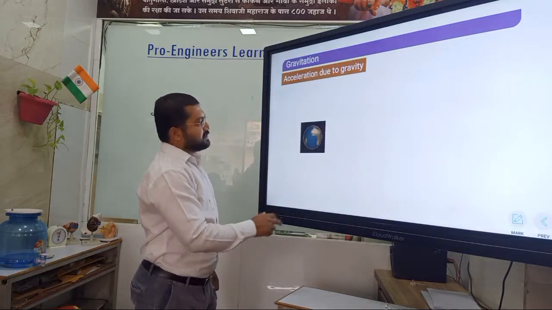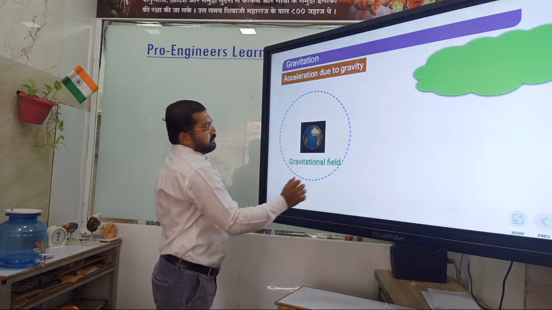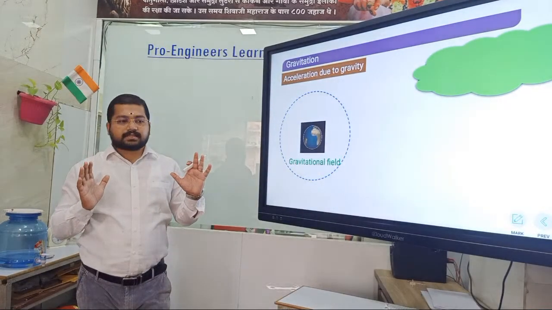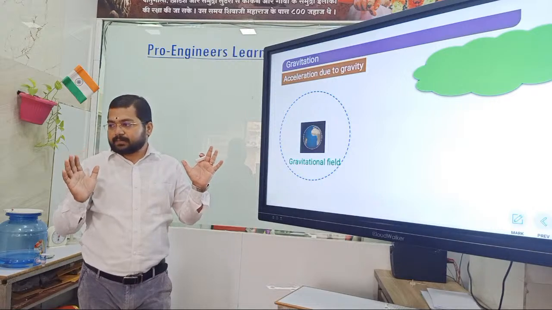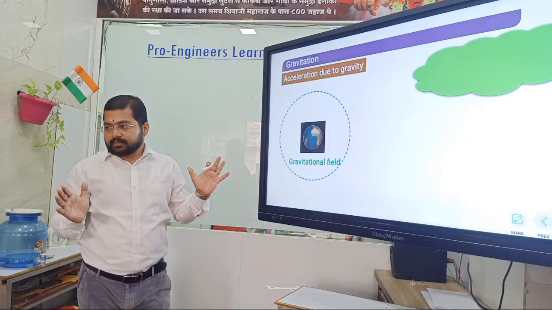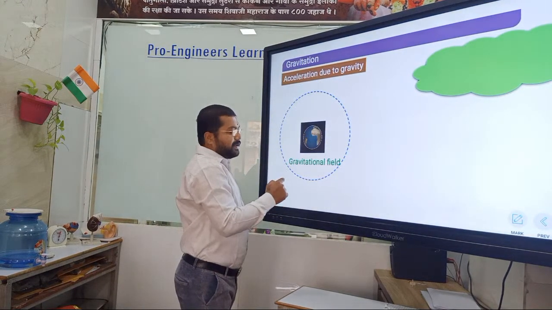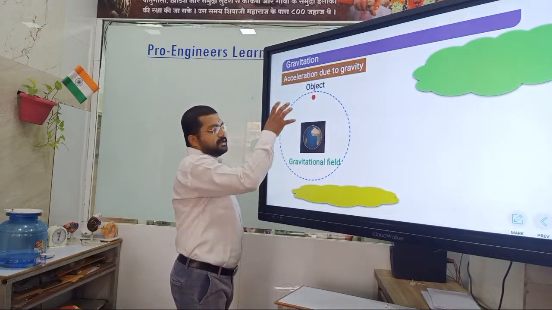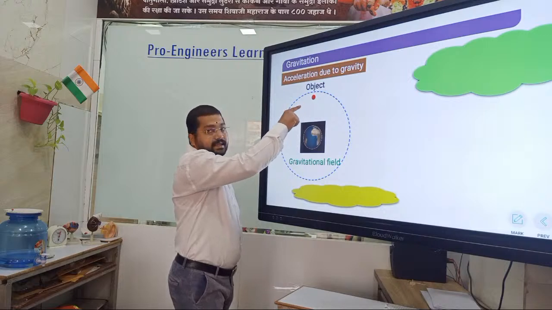Considering Earth, there is a gravitational field which is very specific and very limited to Earth, right? We have mentioned a dotted line to represent the gravitational field, and the object in the gravitational field we have shown with the red dot.